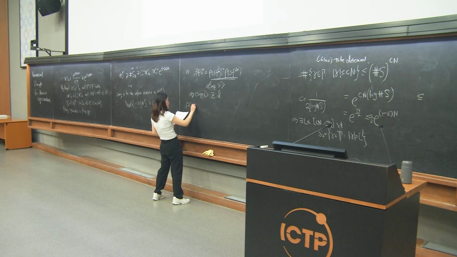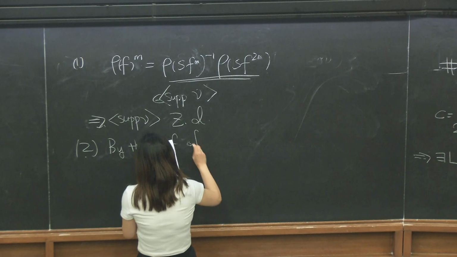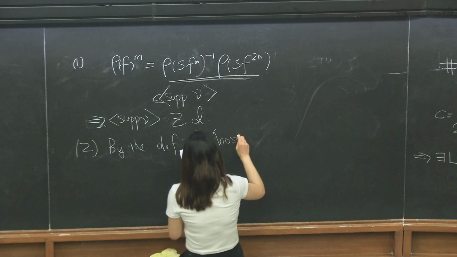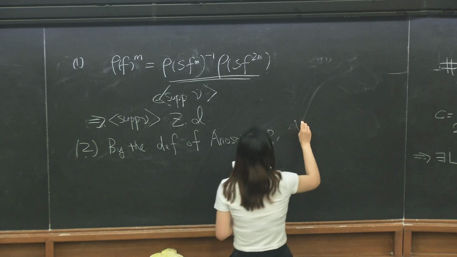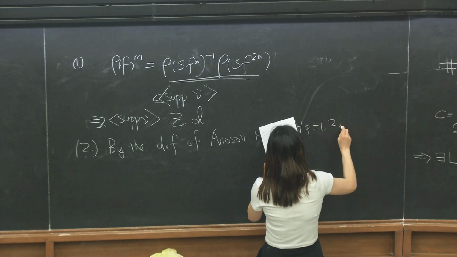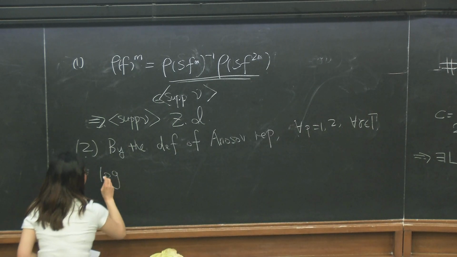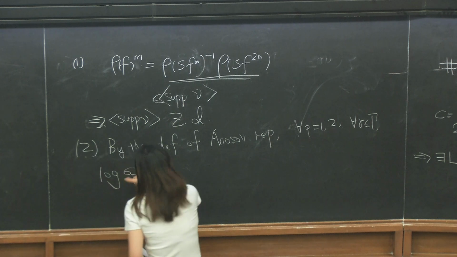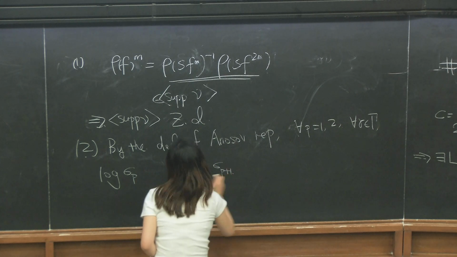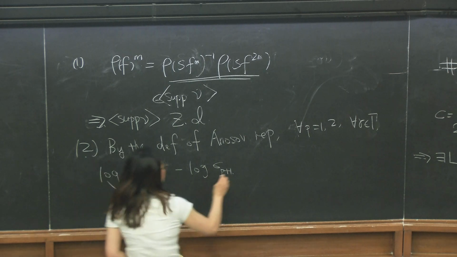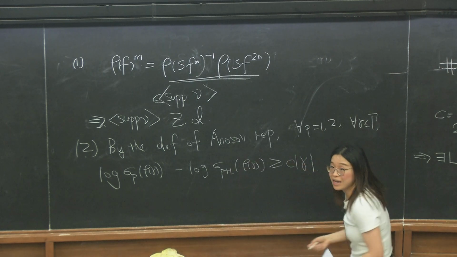And so by the definition of this Anosov representation, I know that for any p in 1 and 2 and any gamma, we compare log of the p singular value minus log of the p plus 1 singular value of the word, and it's greater or equal than c, controlled by the word length.